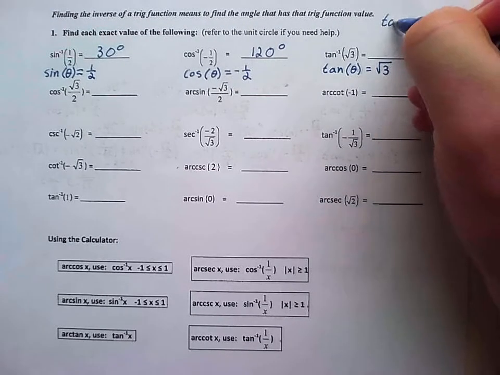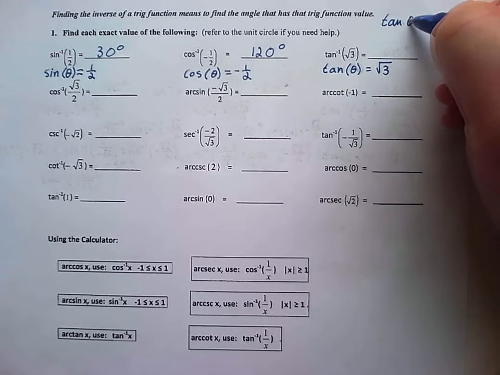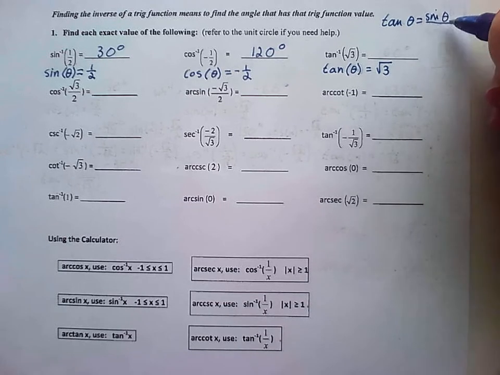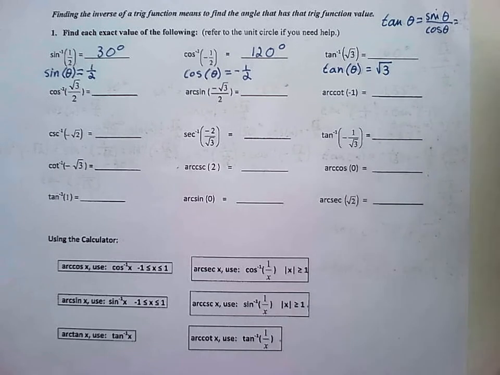First step is this. We're going to have the tangent of theta, and by definition, the tangent of theta is going to be the sine of theta divided by the cosine of theta. So again, sine is our y value, and the cosine is our x value.